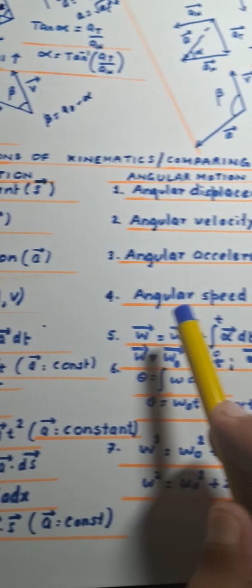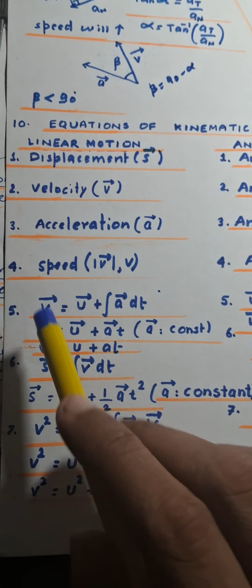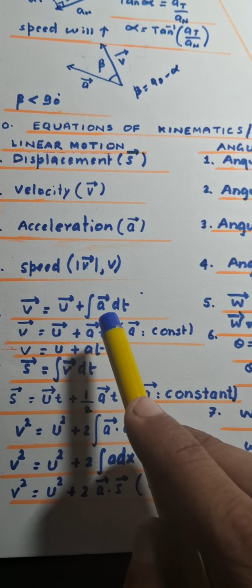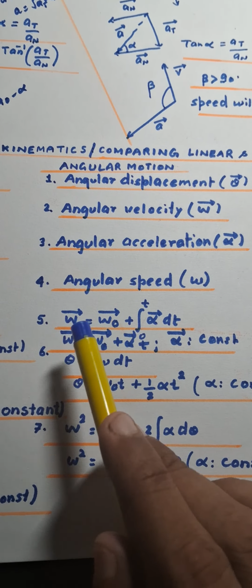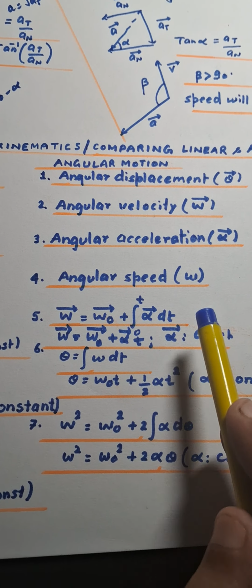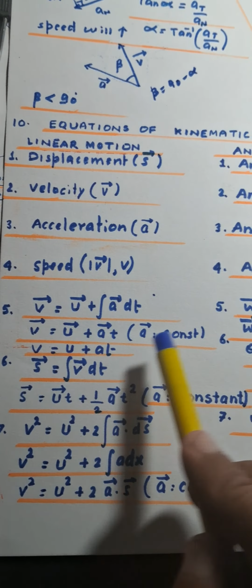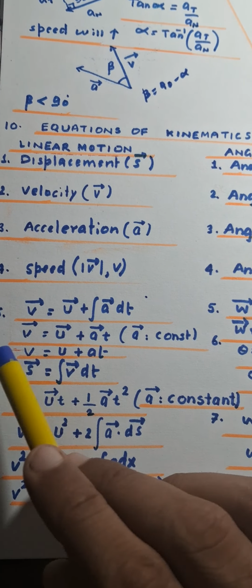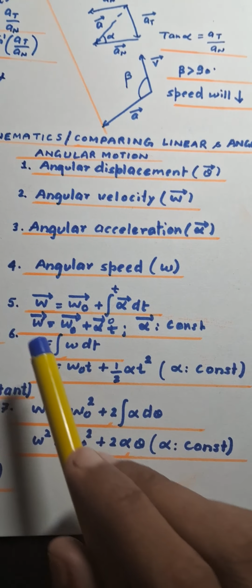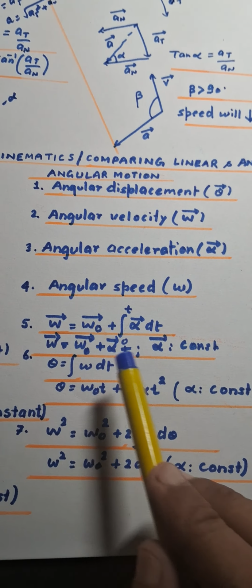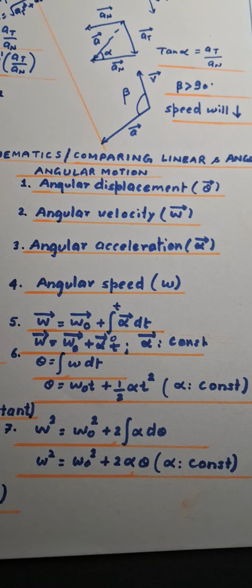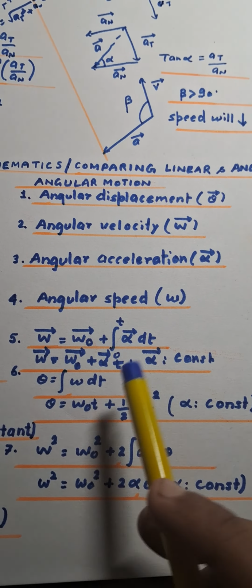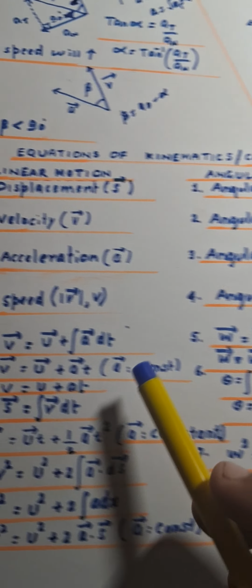Here we have speed, here we have angular speed. Here the first equation of motion is v is u plus integration a dt. Here the equation is omega naught plus integration alpha dt. Here the equation for constant acceleration is v is u plus at. Here the equation is omega naught plus alpha t if alpha is constant, and similarly in coordinate form it can be written as omega naught plus alpha t.